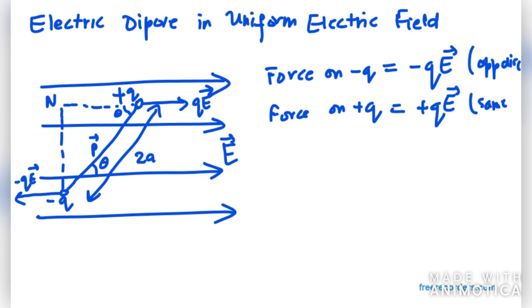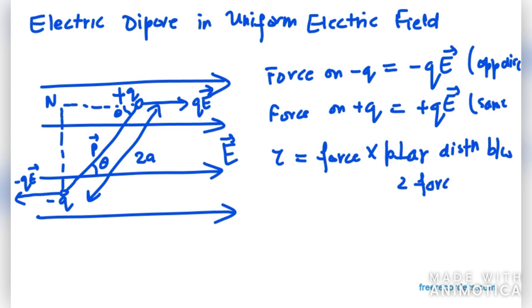Now we need to find the torque on the electric dipole under uniform electric field. So the torque in this case is written as force, and you can take either of them, force into perpendicular distance between the two forces. I would prefer to take the positive force QE, and the perpendicular distance between the two forces, I will mark it as A, so it will be AN.